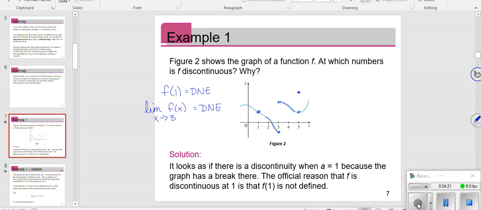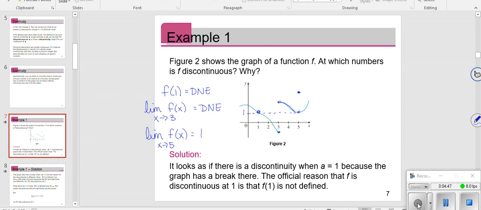Now, at the point 5, is it continuous? Again, that's a no. Because although the limit of f of x as x approaches 5 does exist, whatever that is, let's say it's 1.